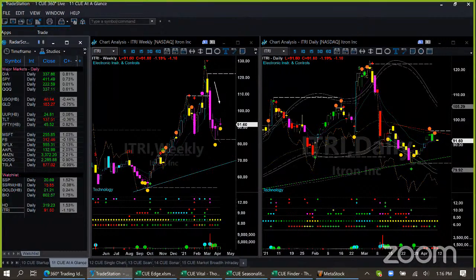The weekly has dropped in case of ITRI, and this week's candle shape, color, both are bearish. In the daily, it came down, retraced, and it went down again.